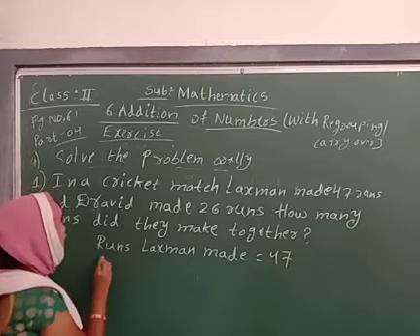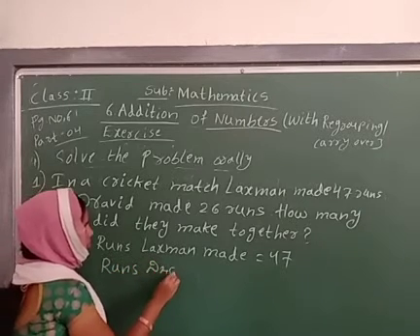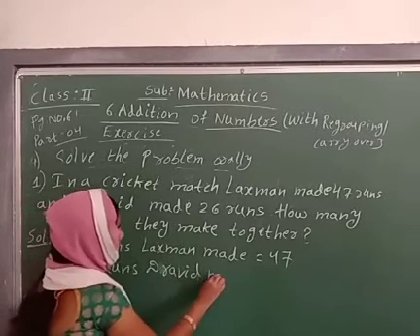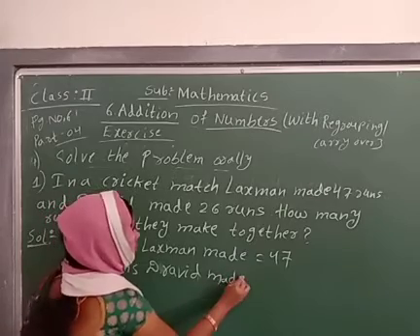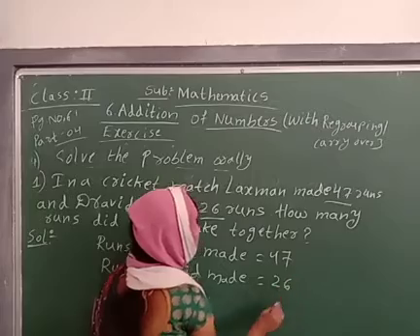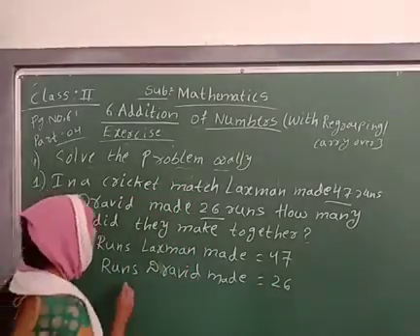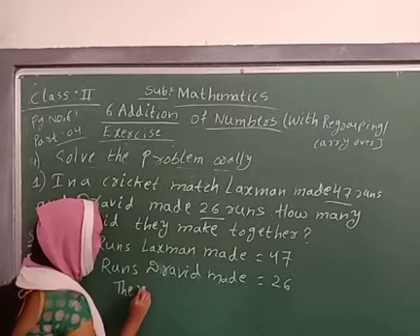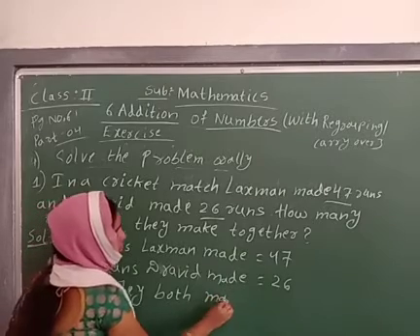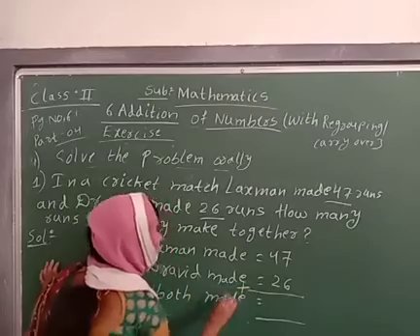And next, Dravid made 26 runs. So in total, how many runs did they both make? We are doing the addition there.